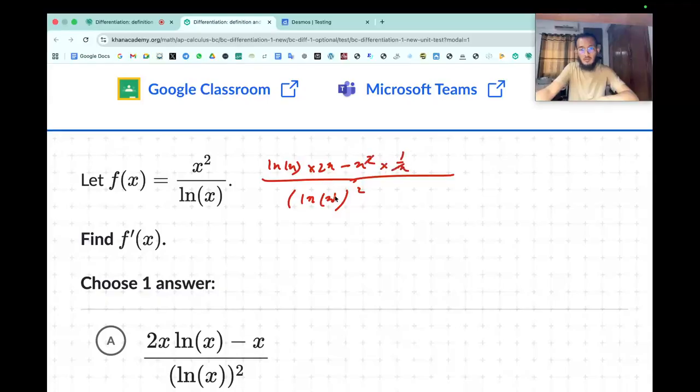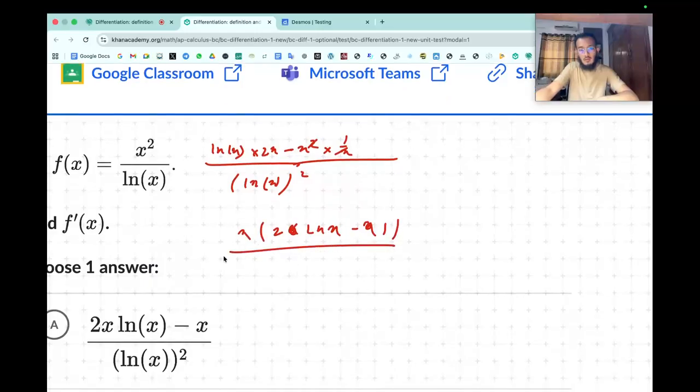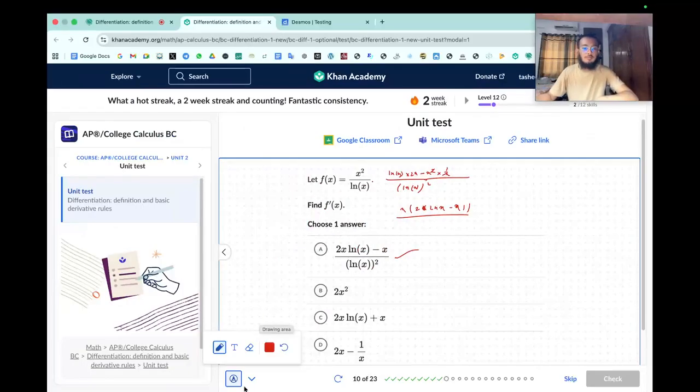This gets cancelled out. We have 2x ln x minus x. And we can also take out x common to get 2 ln x minus 1 into x, or 2x ln x minus x. This is correct.